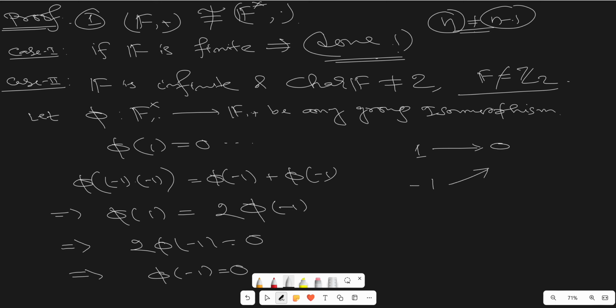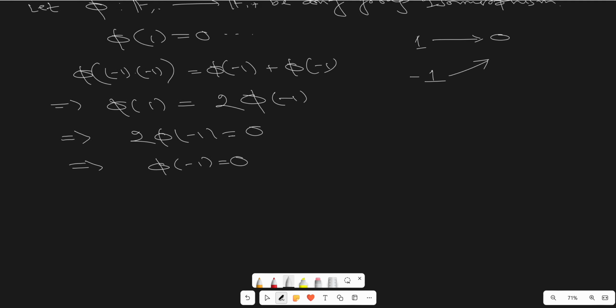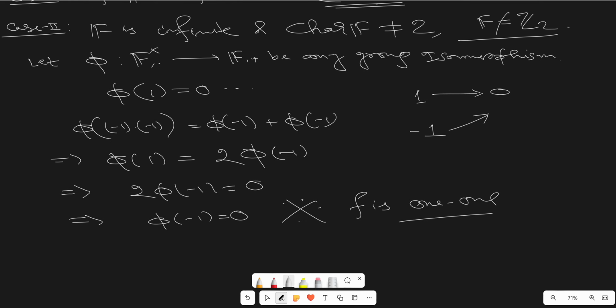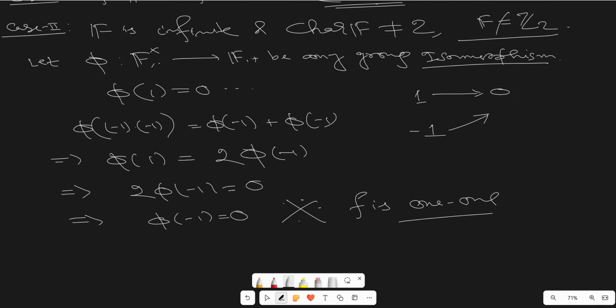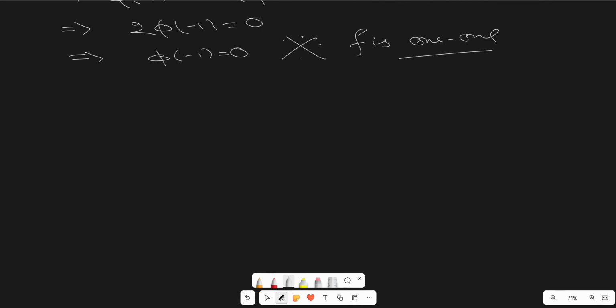Isomorphism means it is one-one, onto and a homomorphism, so it is violating the one-one property. 1 is going to 0 and -1 is also going to 0. I assumed this is an isomorphism, so it is violating the fact that it is an isomorphism, right?